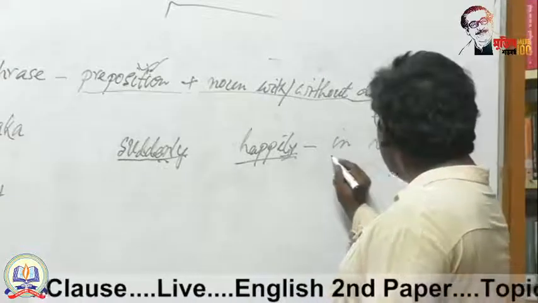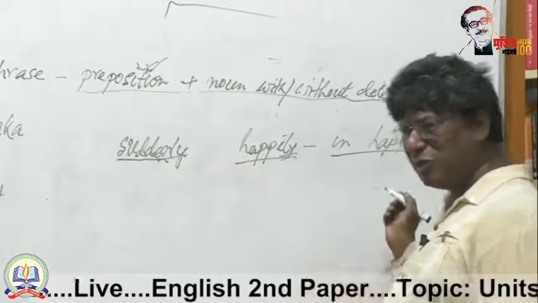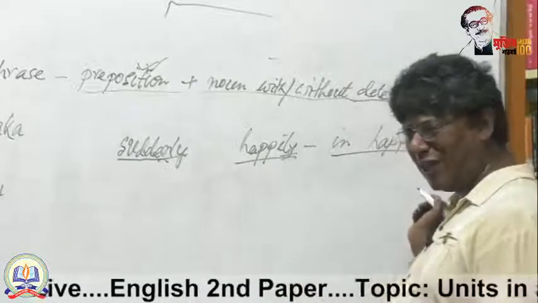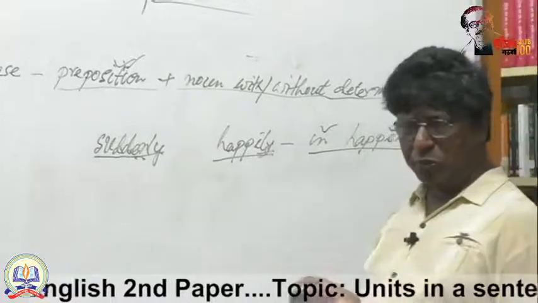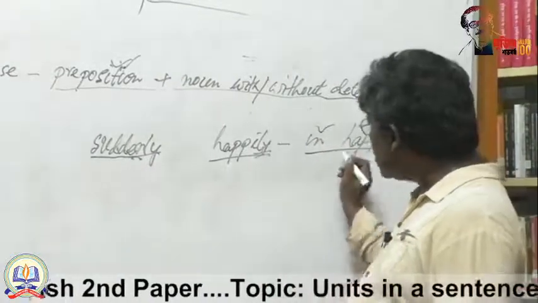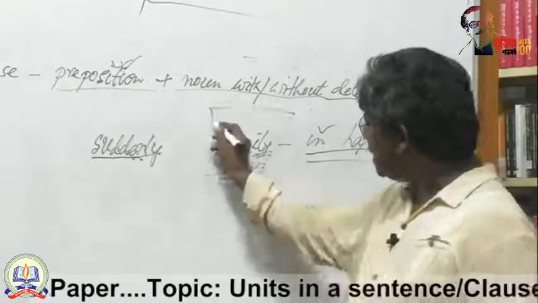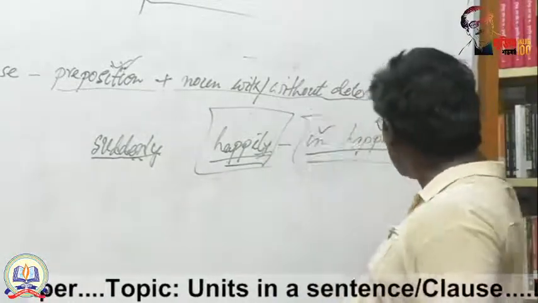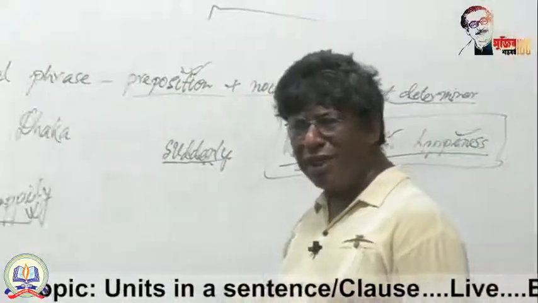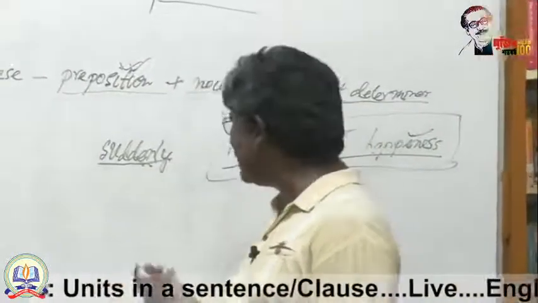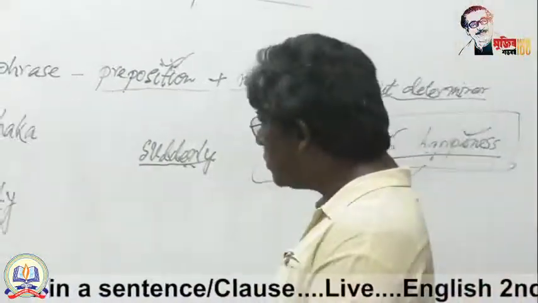But happily can be expressed in a prepositional phrase as well, with a preposition followed by a noun. Both happily and in happiness, with the same meanings, make adverbs or adverbials in a sentence. They have a similar sense and idea.